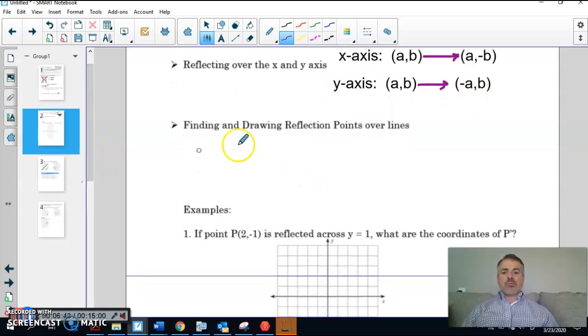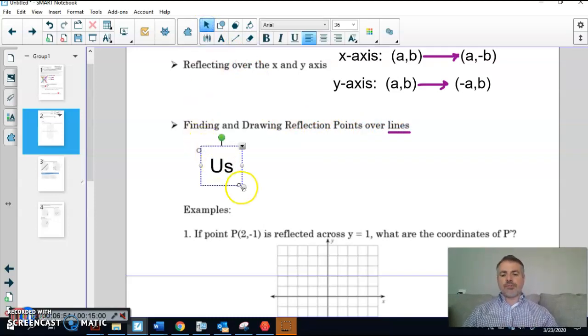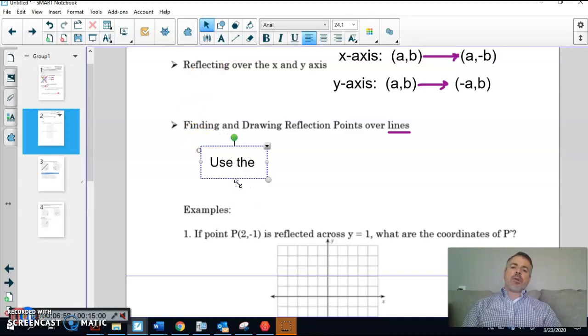But today what we're going to do is find and draw reflection points over different types of lines. To do that, we're going to use the perpendicular distance. And I'll show you what that means.